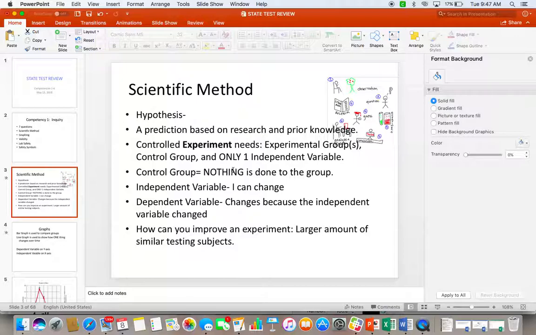So you planted a bean in a cup that had soil that you did not include fertilizer in, and then you had a bean that you planted in a cup with soil that did contain fertilizer. And so remember, the fertilizer was the only thing that was different in those groups, and so that was our independent variable. The outcome was the dependent variable. So in that case, we were measuring growth. And so the growth changed based on whether or not we had fertilizer in that group, okay?